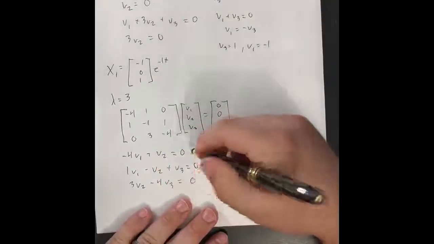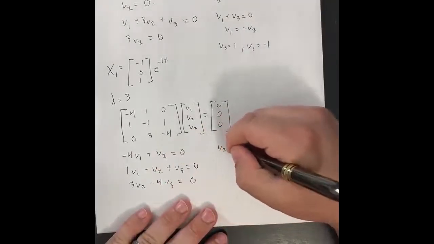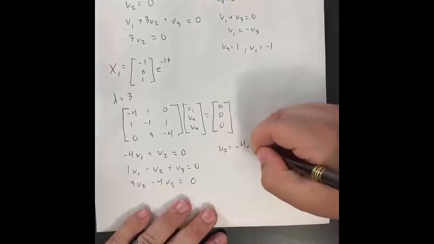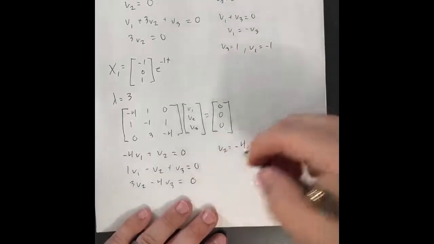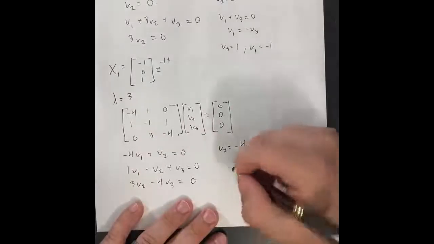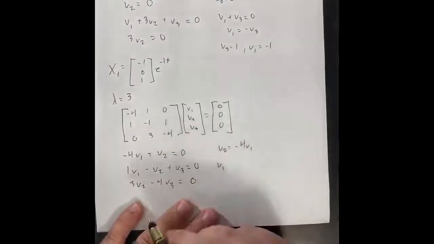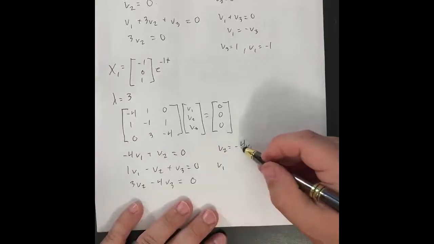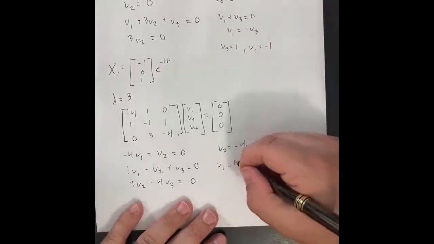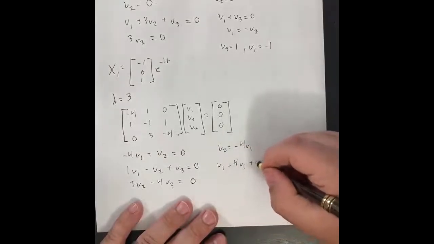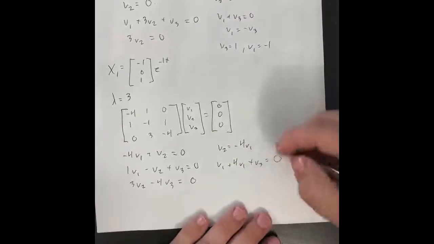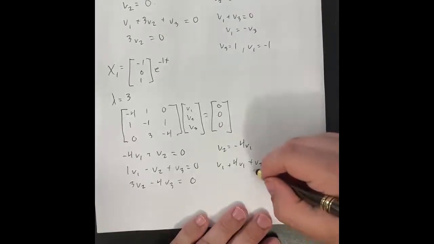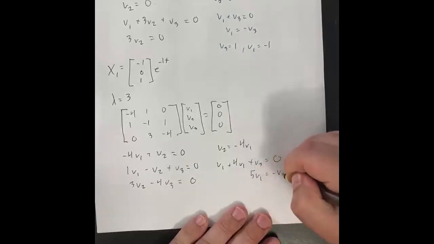For example, this first one here, I can rewrite as v2 equals negative 4 v1, and I'll plug that into the other equations. If I plug that into the second one, I get v1 minus v2, that would be minus negative 4 v1, so plus 4 v1, plus v3 equals 0, which is the same as saying 5 v1 equals negative v3.